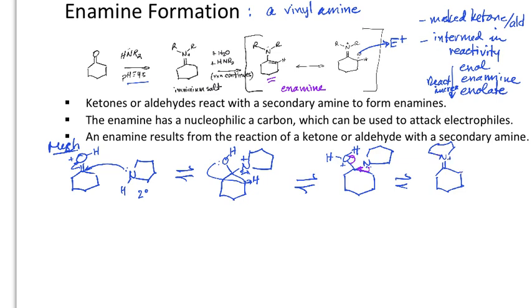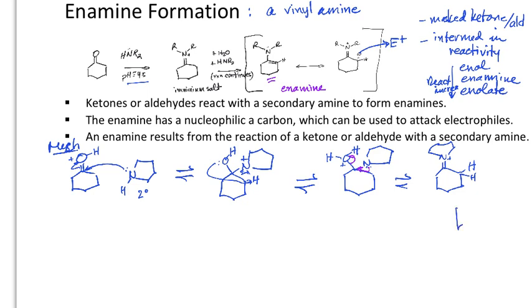So then that aminium salt, it cannot lose a proton from the nitrogen, which is what we do when we have an imine that forms, because this has 2 R groups on that nitrogen, no more hydrogens to give.